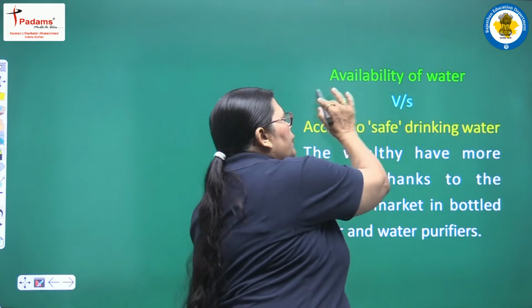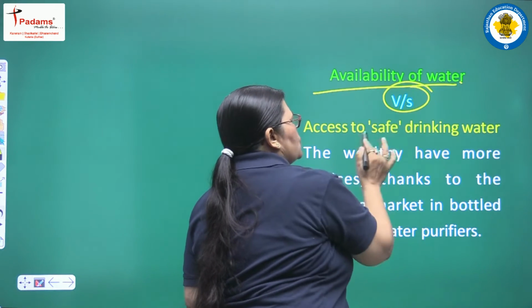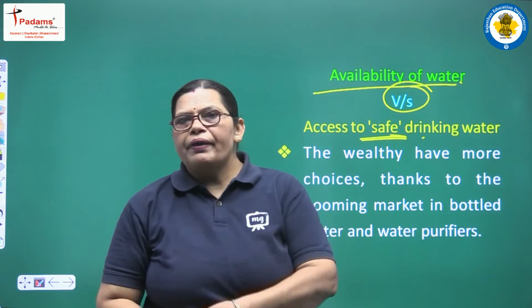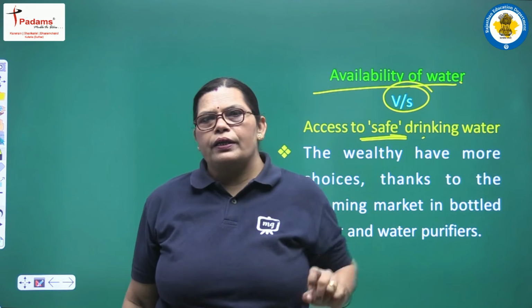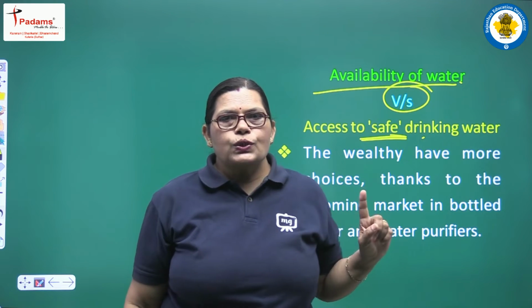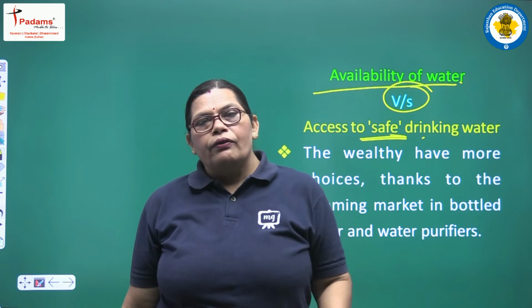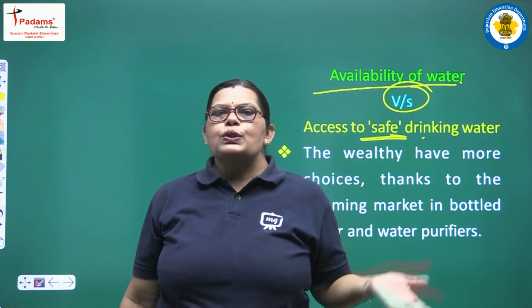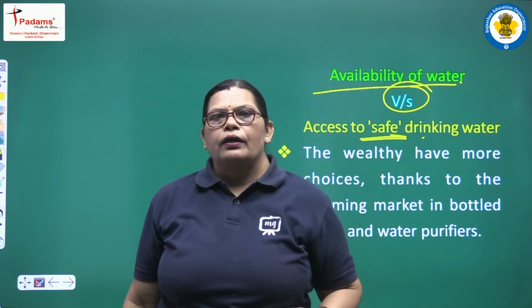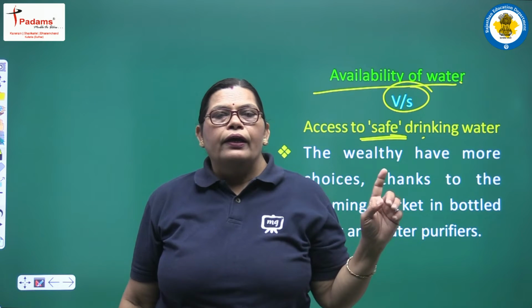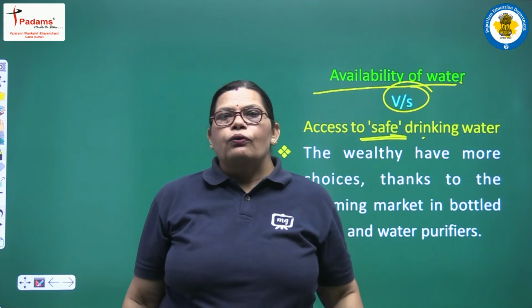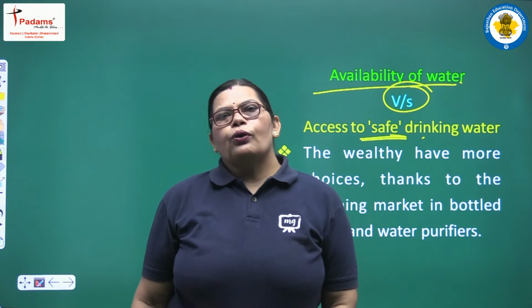अवेलेबिलिटी ऑफ वाटर वर्सेज एक्सेस टू सेफ ड्रिंकिंग वाटर. अब यहाँ पे दो चीज़ों की आपस में कंपैरिजन हो रहा है. व्हाट्स द फर्स्ट वन? First one is the availability of water. When we are considering that most of our human body is made of water. Second thing, when we are considering the world, what's the situation on earth?